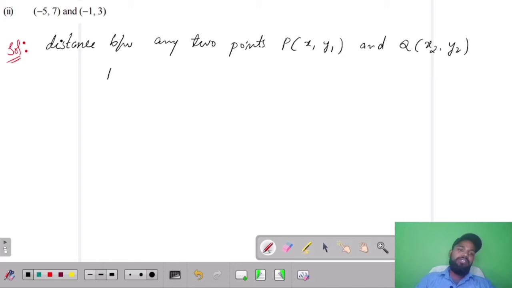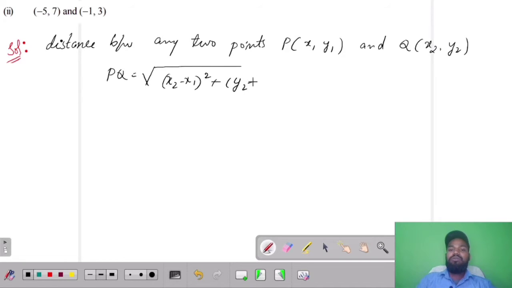So the PQ distance is under root of x2 minus x1 whole square plus y2 minus y1 whole square. Are you clear? So just substitute the values. What is x1 and what is x2, you already know here. x1 is what?